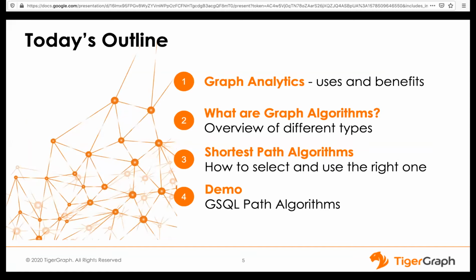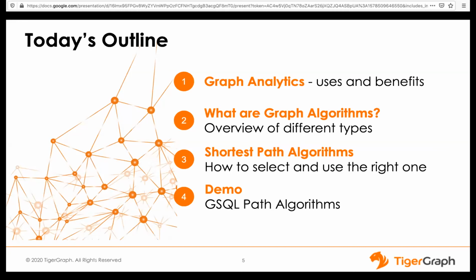So the outline for today: I'm going to give an overview of graph analytics and why it's so important for today's businesses. Then we're going to talk about graph algorithms. Graph algorithms, as I said, I studied in school. They've been around for a long time, coming out of mathematics, and then as soon as computer science became a field, it had resonance there.